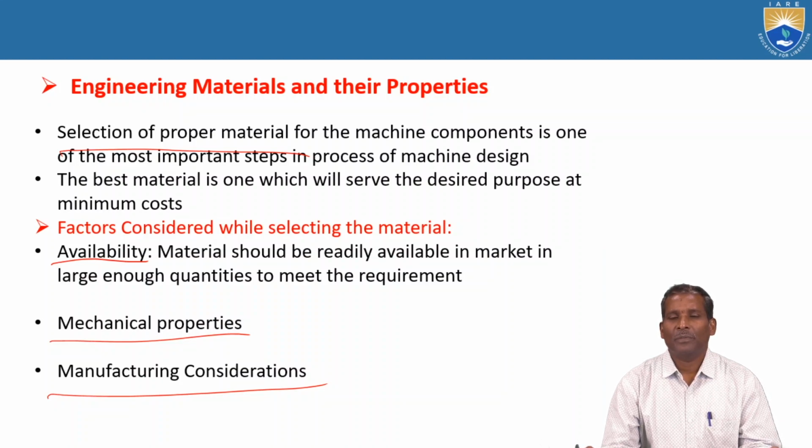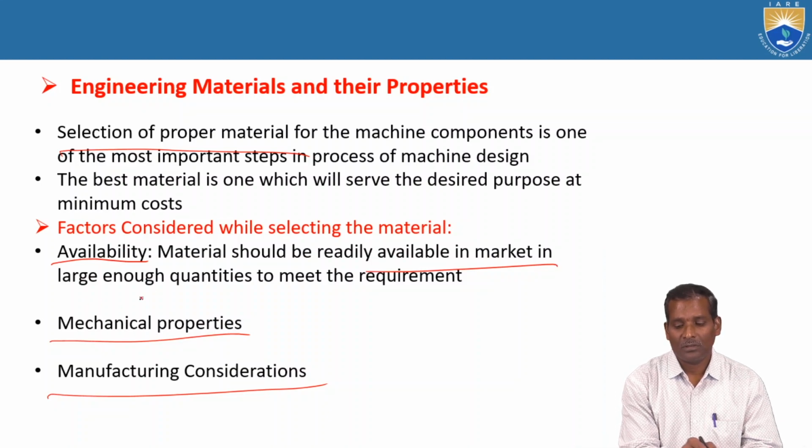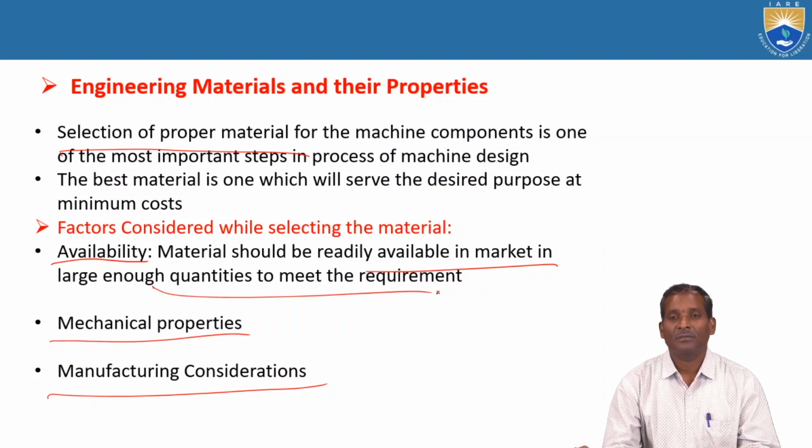So availability of the material. Suppose you have selected one material, first you have to check whether the material is available in market or not. It should be readily available in market, so that it can also meet large quantities as per requirements.